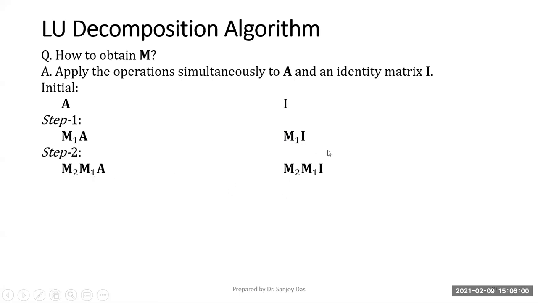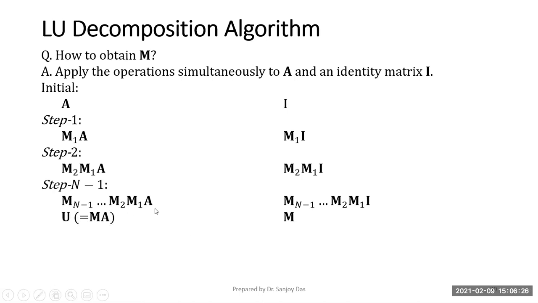So in effect, if we do the same row operations, we are left with M2M1I. And likewise, all the way until the last step, step N minus 1. Here, what we have done is pre-multiply whatever we had from the previous step with Mn minus 1, and we do the same row operations here.